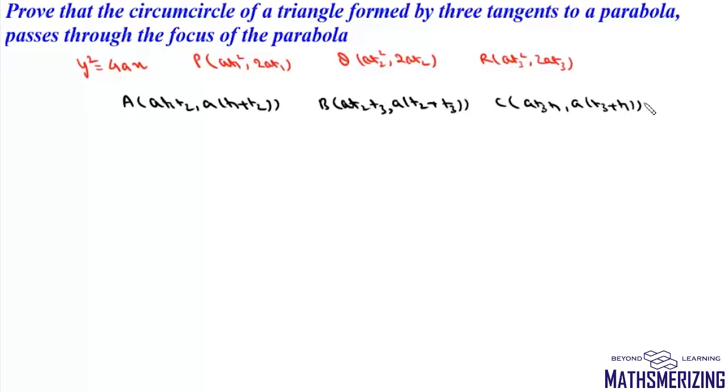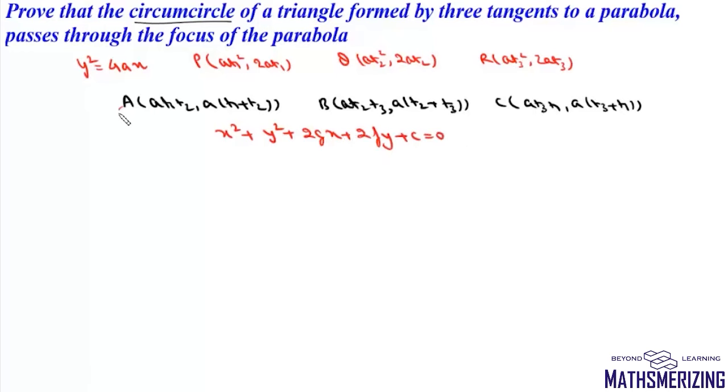Now we need to find the equation of the circumcircle of the triangle formed by these 3 points. So let the equation of the circumcircle be x square plus y square plus 2gx plus 2fy plus c equals 0.